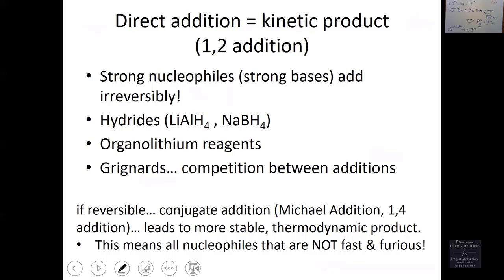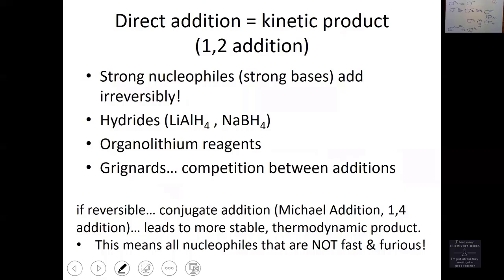If you attack the carbonyl, that's called direct addition. Things that do direct addition are strong nucleophiles, things that add irreversibly. As we walk through the mechanism, that will make a little more sense. Strong nucleophiles that add irreversibly do 1,2 direct addition, the kinetic product.